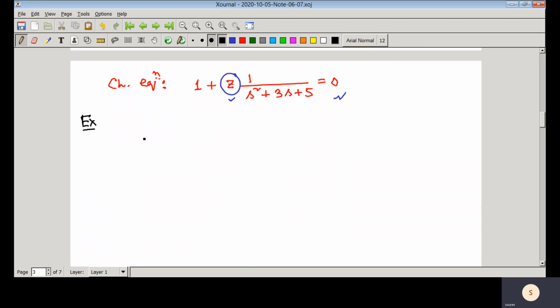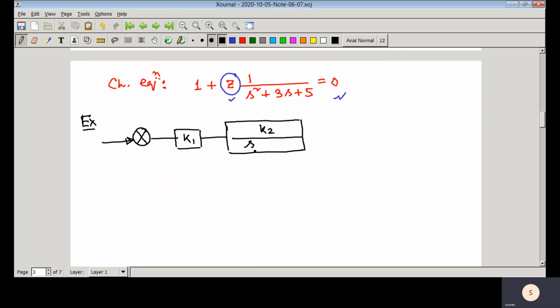If we consider a closed loop system like this, we have a gain here k1 and the plant is k2, and here the poles are s at 0 and at minus 10, that is the open loop poles.